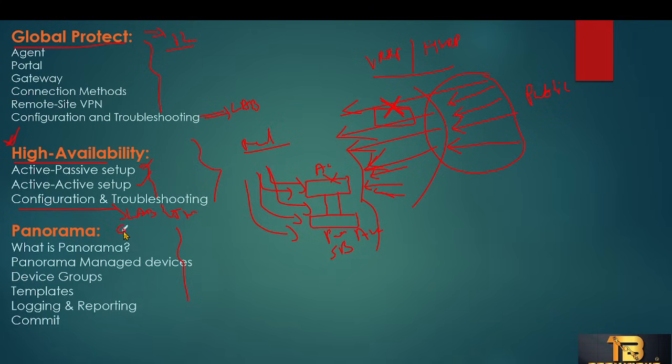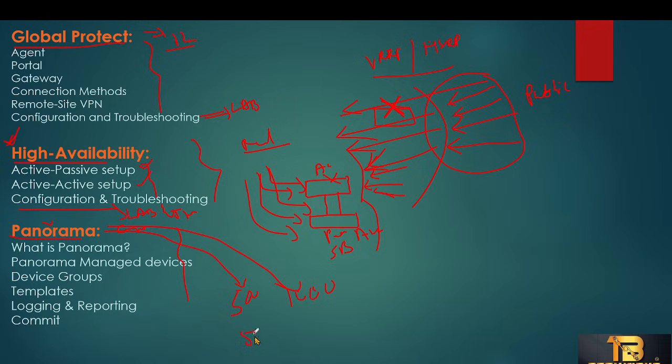We have already discussed the centralized management device called Panorama, and we can discuss this topic in the Panorama class: how we are going to connect firewalls to Panorama, and how Panorama is going to manage all the firewalls. If you have 500 firewalls in a network, this single Panorama device will be able to manage all 500 devices. If you have 1000 devices, the single Panorama will manage 1000 devices.